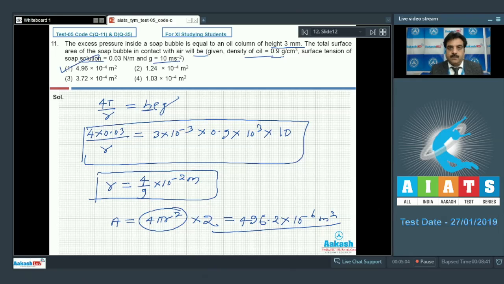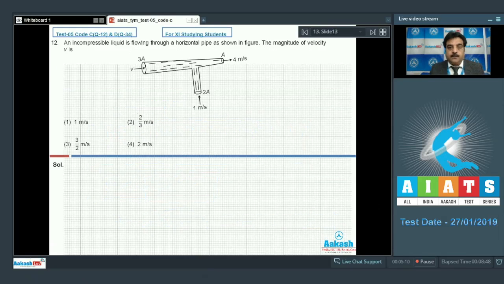So let's move on to question number 12. In question number 12, this is a very good question. You can use it just like current electricity questions. Incompressible liquid is flowing through a horizontal pipe as shown in the figure, the magnitude of velocity... So now I am going to use the principle of continuity, and you know AV is equal to constant.